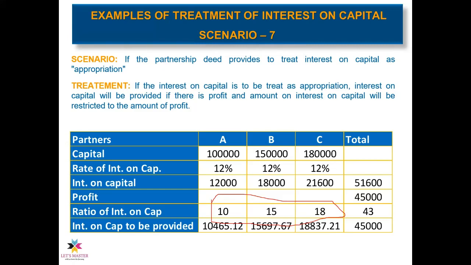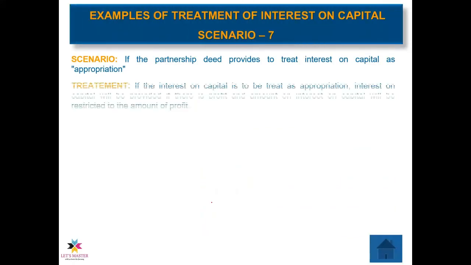10:15:18. Here, as this is appropriation, even if there is any deficit, we would not bring in amount from other accounts to meet that deficit. Whatever profit we have earned, we will pay interest up to that amount only.